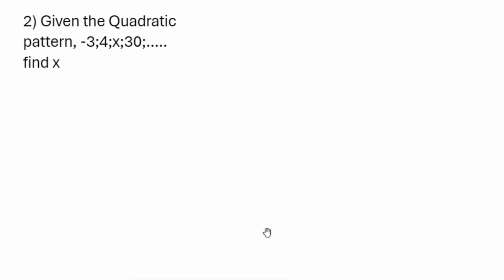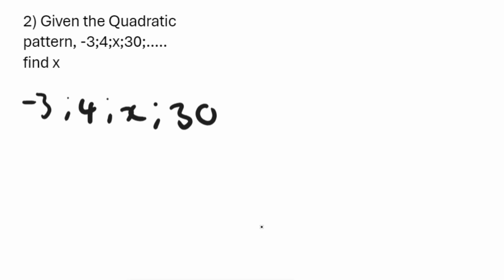So the next question says, given that the quadratic pattern is minus 3, 4, x, 30, and so on, find the value of x. For this one, we are going to rewrite this quadratic pattern into our worksheet. That is minus 3, 4, x, 30, and so on.